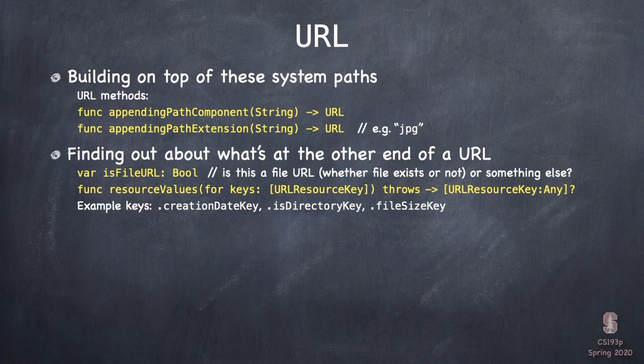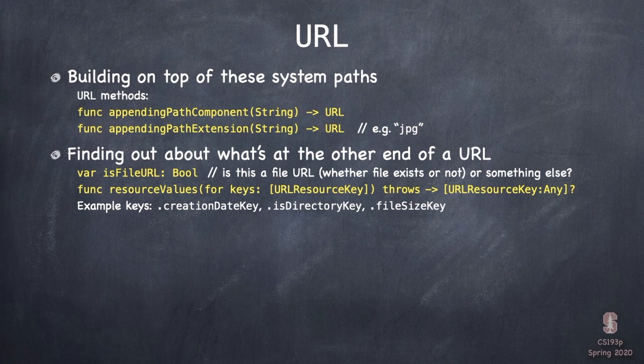Simple as that. You can also ask the URL things like, is this the URL of a file versus a URL of a network thing, a web page? And you can ask the URL, give me values for certain resources in this file, like its creation date, or whether it's a directory or not, or how big this file is.